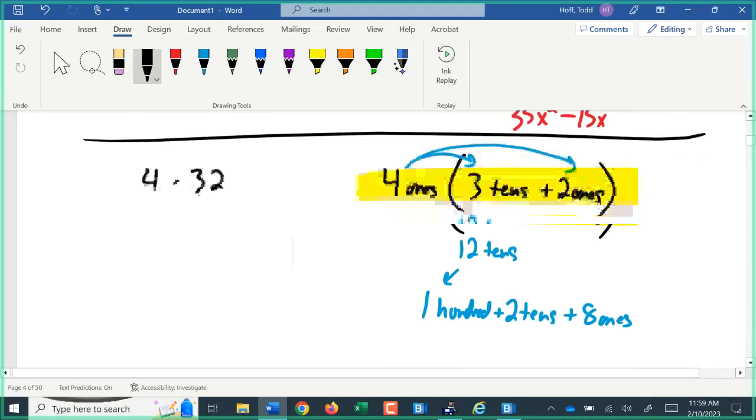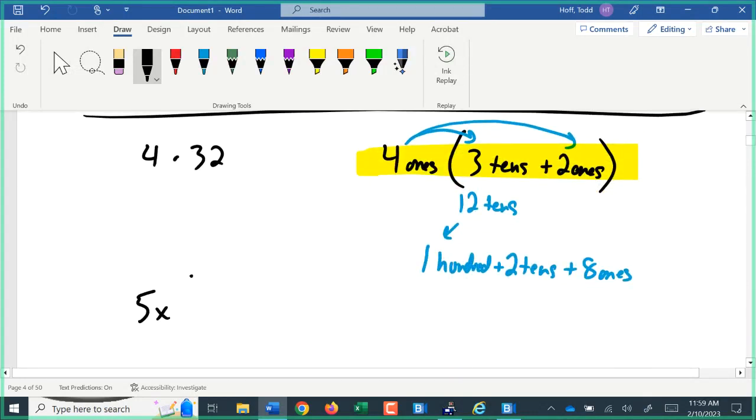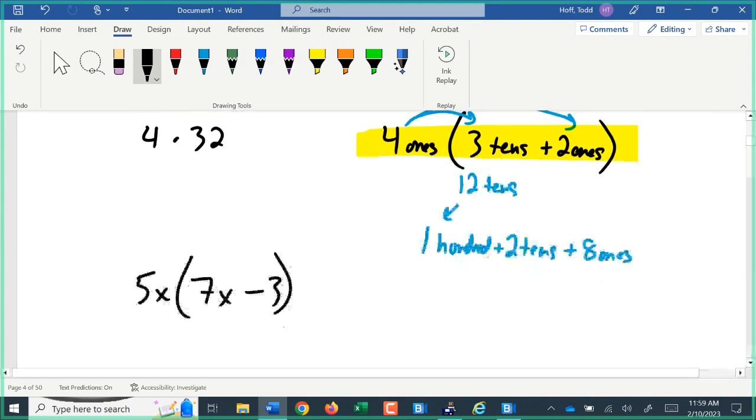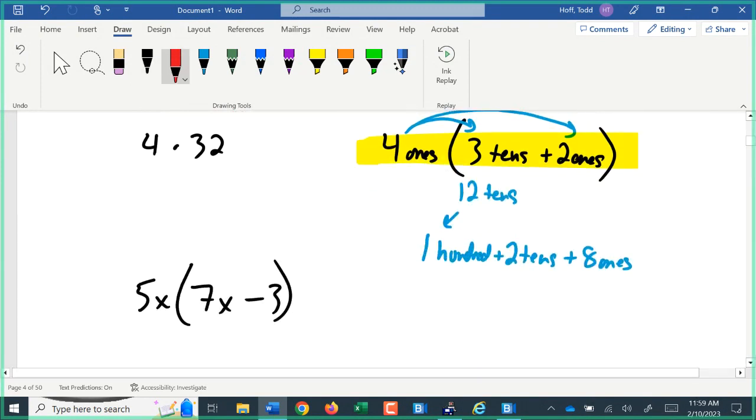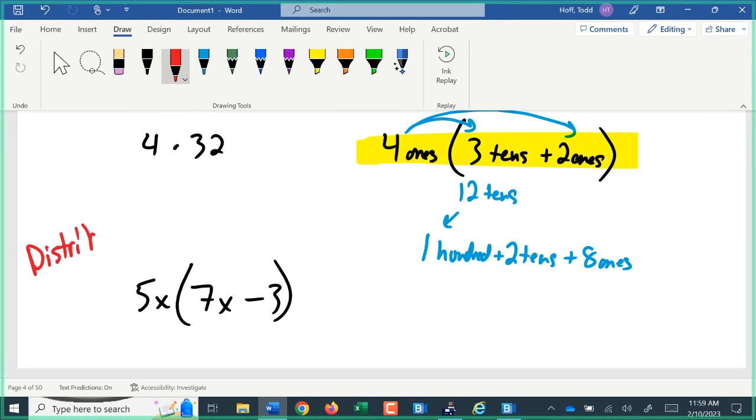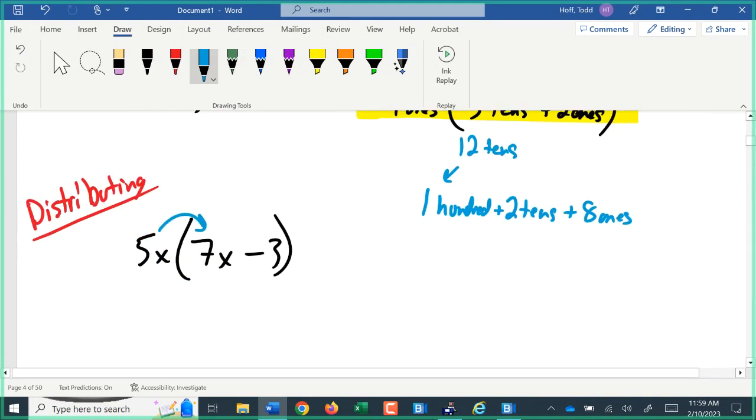With algebraic numbers, 5x times 7x minus 3, this is the method that most of us have been taught to use. And we call it distributing. Where we take the 5x and we multiply the 7x, 35x squared.